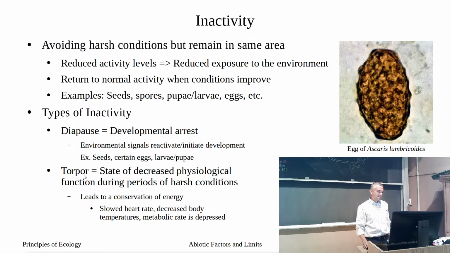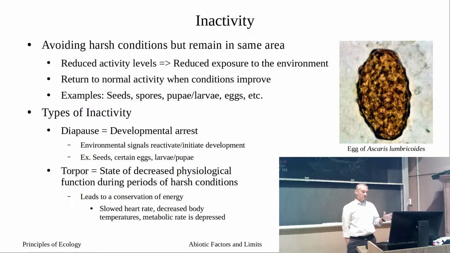The other type of inactivity is torpor. This is where we left off. This is a state of decreased physiological function. We are slowing down our metabolic rates, slowing down energy consumption, and a lot of times decreasing our core body temperature.